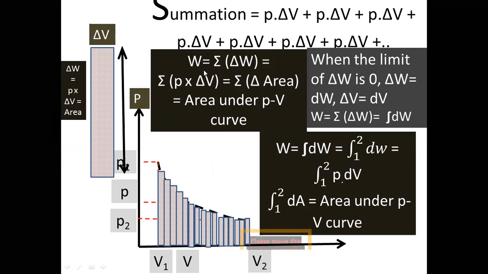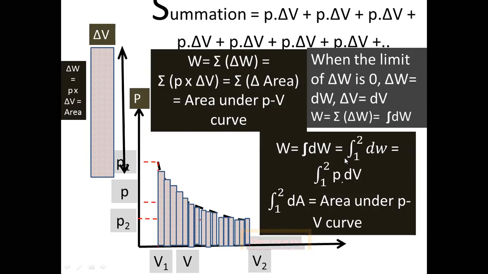Here you can see, when the delta V is smaller, you can say that the limit of delta V is 0.